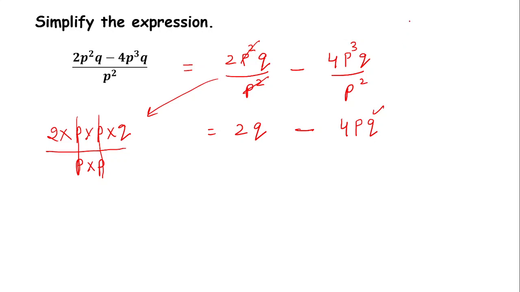Let's see. 4 times P times P, one more time P and then Q, because P power 1, P power 1, P power 1 will give me P power 3, divided by P times P, because we have P square, that's why P times P. One P gets cancelled, second P gets cancelled, we are left with 4 times P times Q. That's it, my answer.